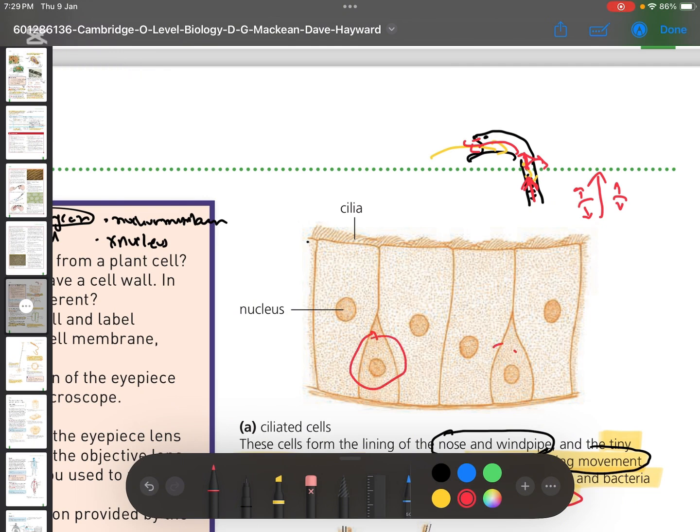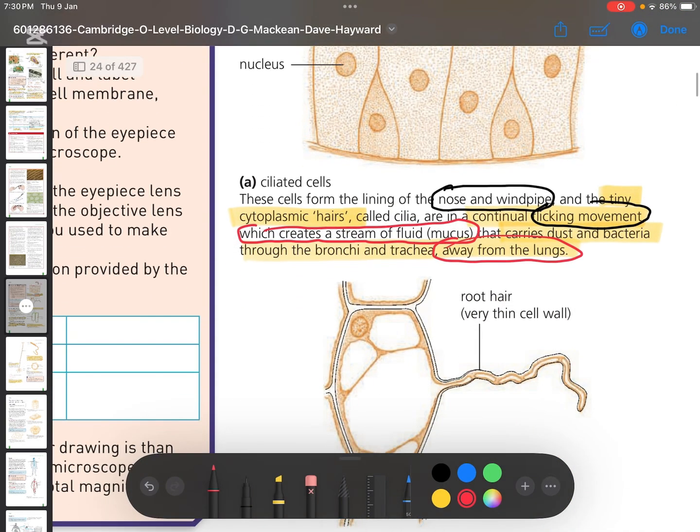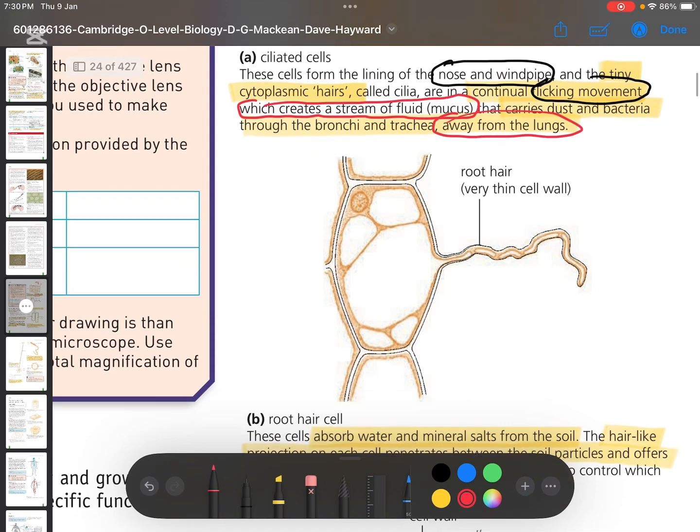These secrete mucus. So this mucus basically traps the dust particles and bacteria. Now, for example, this is the bacteria or the dust particle, and it has been trapped. Now what the cilia does is it does its flicking motion, and hence pushes this out of the windpipe and into the mouth and then outside the mouth.